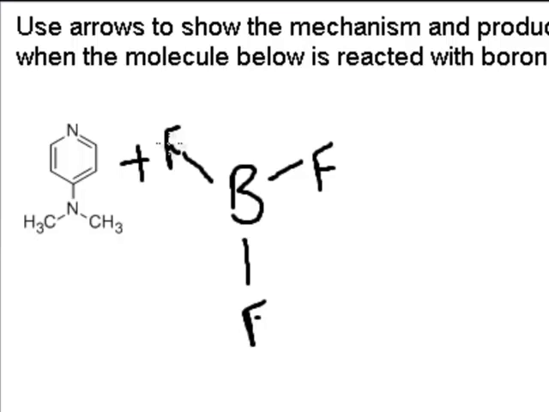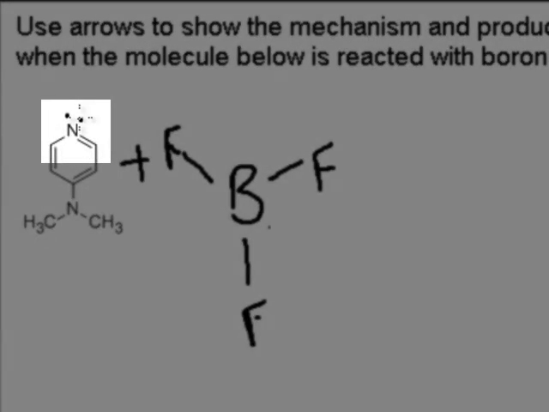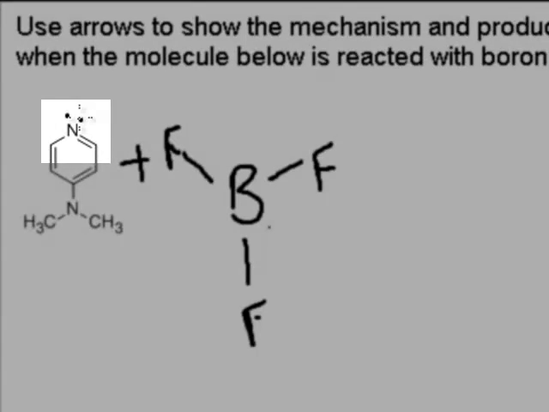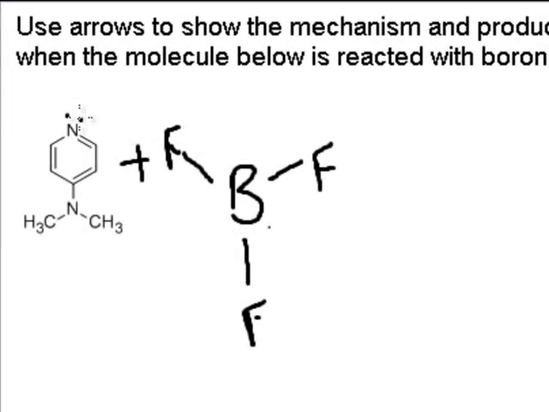If you look at the nitrogen-containing compound, we know that nitrogens have lone pairs, like the 2 I just drew in. The lone pairs on nitrogen are some of the more basic lone pairs on a neutral atom in an organic molecule.